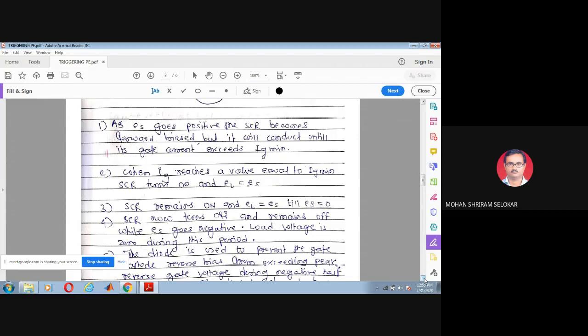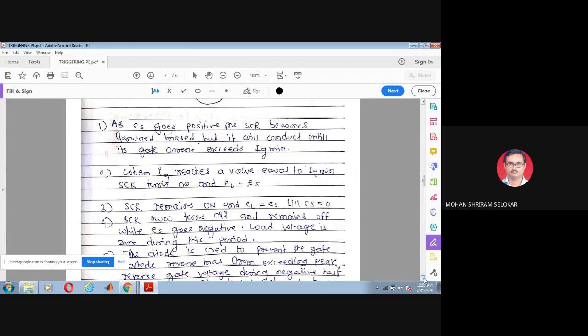Suppose my applied voltage is increasing as t progresses. At some instant of time, ES is sufficiently high such that my IG reaches a value equal to the required IG min, right?